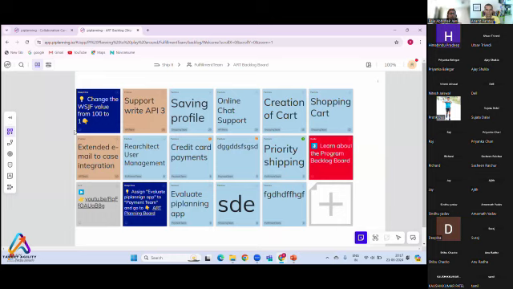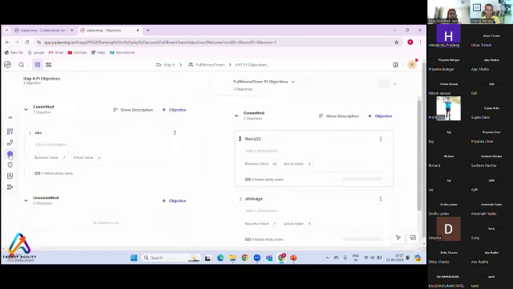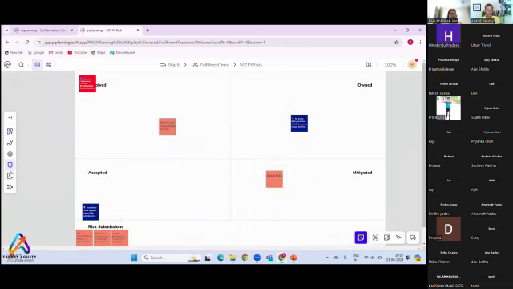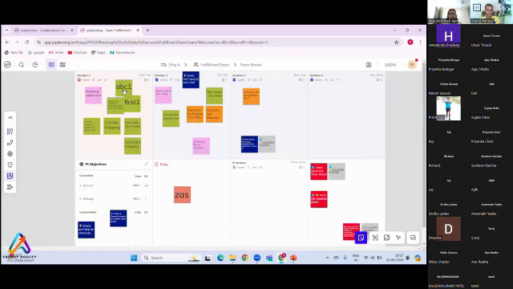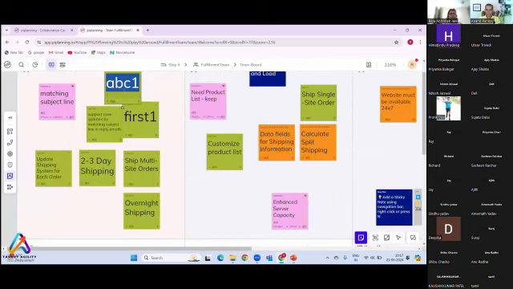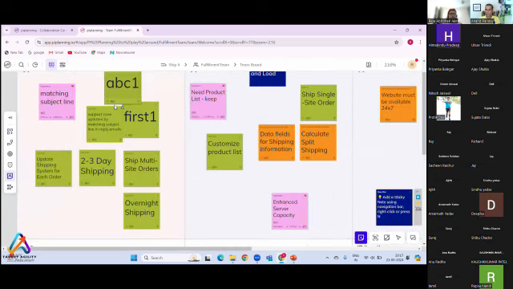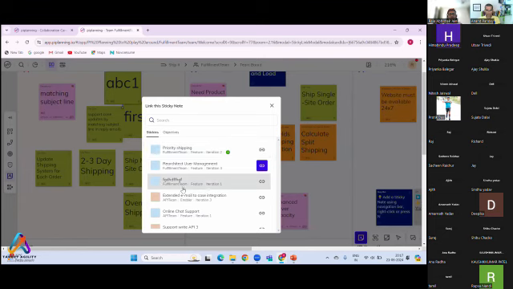And if I want to have a story linked to it, I can go back. For example, ABC story is there. I want to link it to the new feature which I have created. So I will add, and I will say this is the feature I want to link my story to.